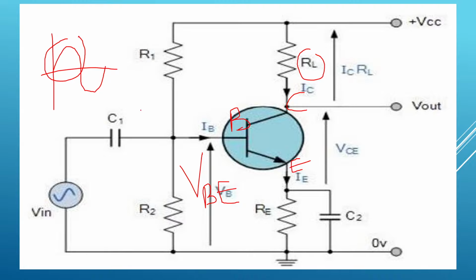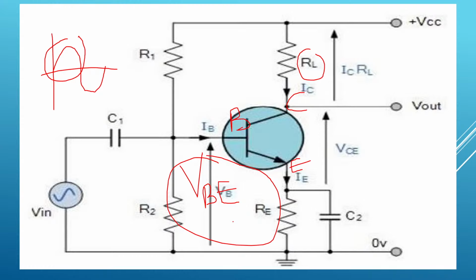During the negative half cycle, forward bias voltage will start to decrease. Earlier the forward bias voltage was increasing gradually. Now the forward bias voltage at the emitter base junction will start to decrease.